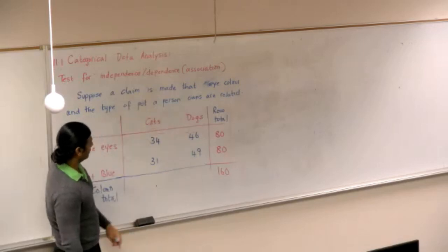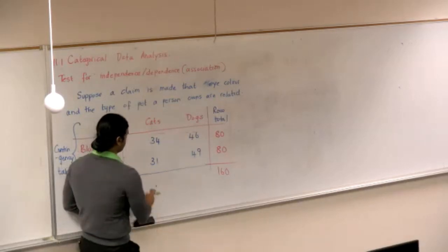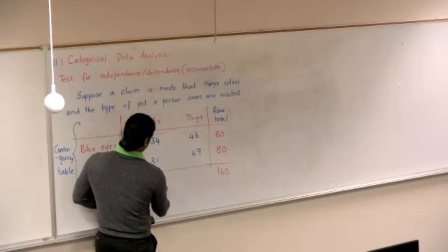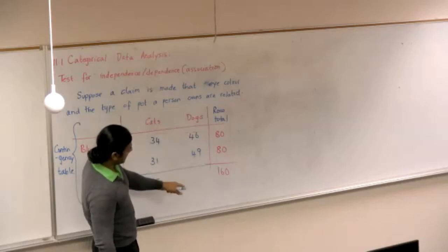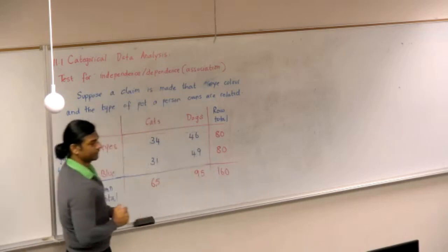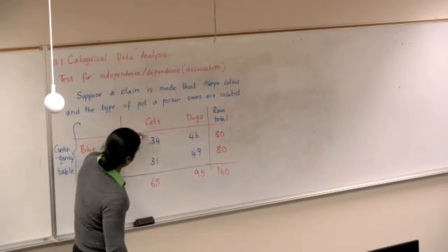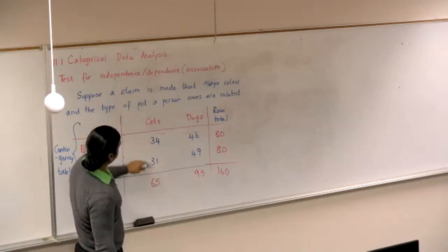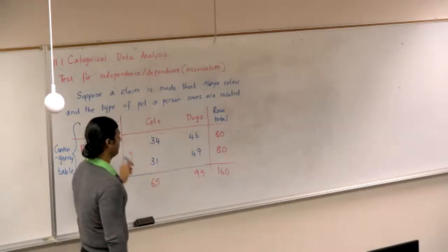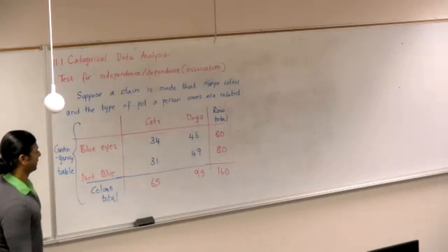Similar manner, column totals, if I add those two, I will get 65. And if I add those two, I'll get 95. So if I add the totals across the rows, I'll get the row total, and across columns, the column total.